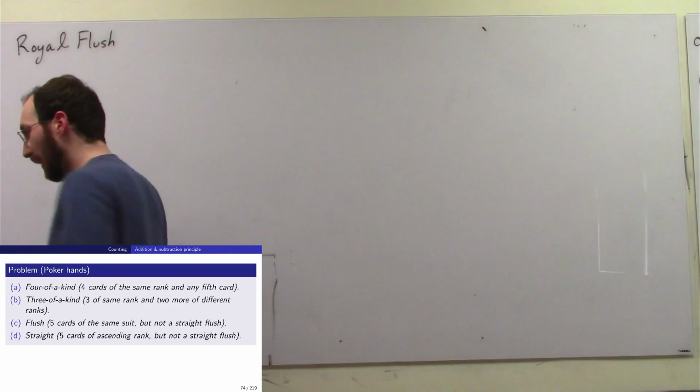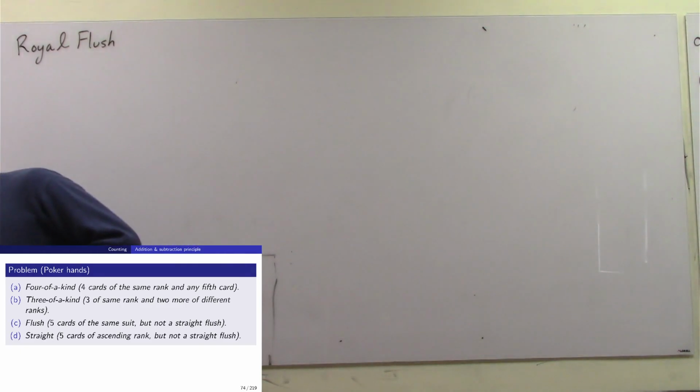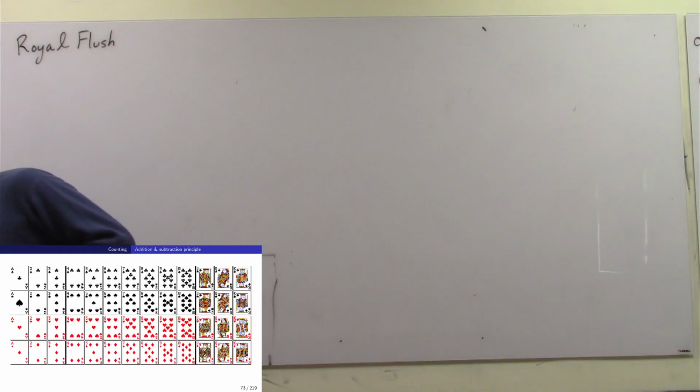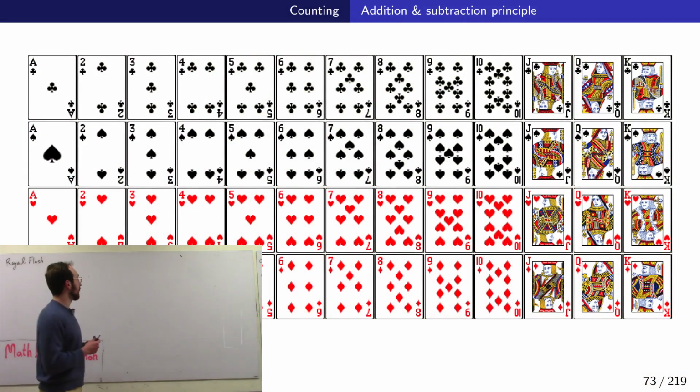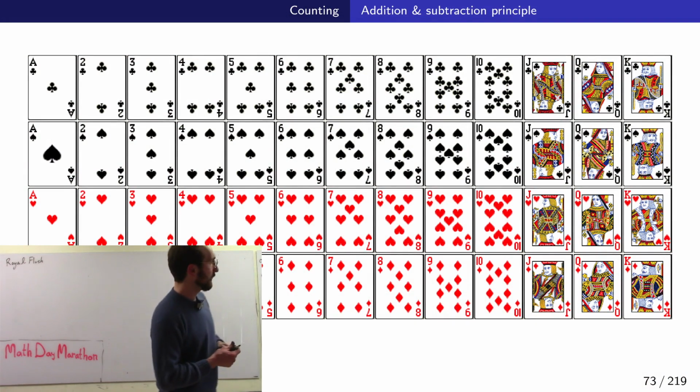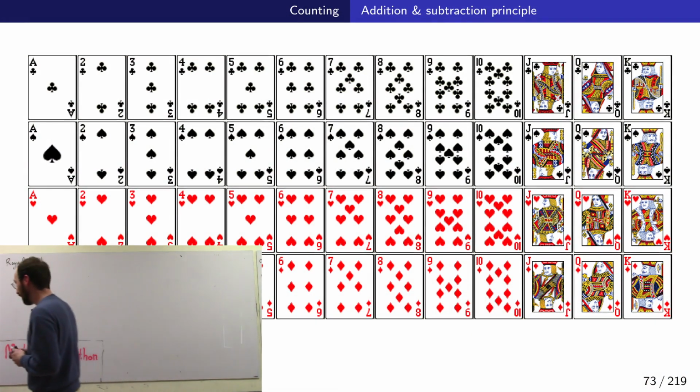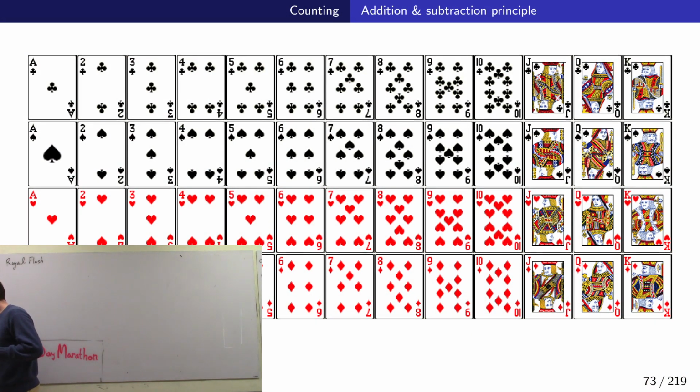So if you're playing poker, you really want to get a royal flush. You win if you get a royal flush. A royal flush being they're all the same suit, so heart for instance, and you have an ace and then 10 through king. You're going to think of that as 10 through ace because ace is sort of this low-high card.